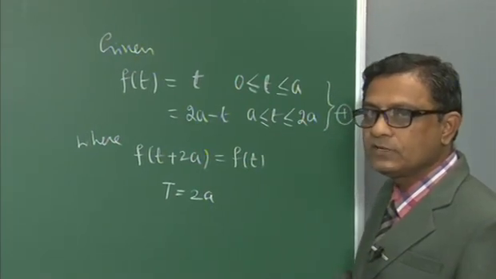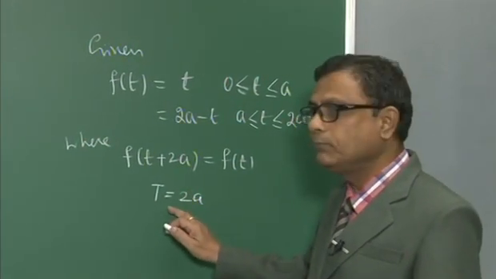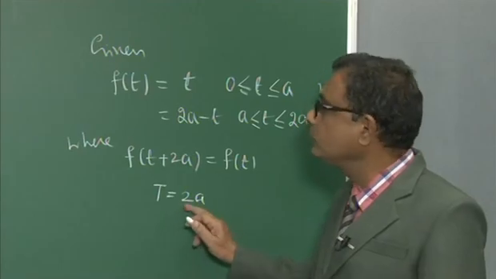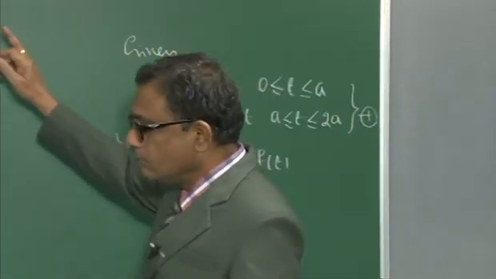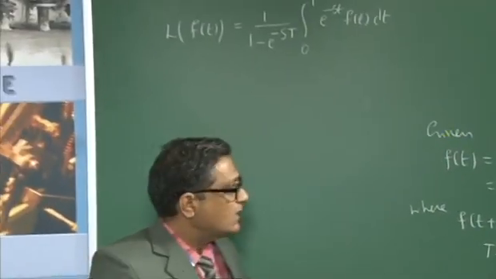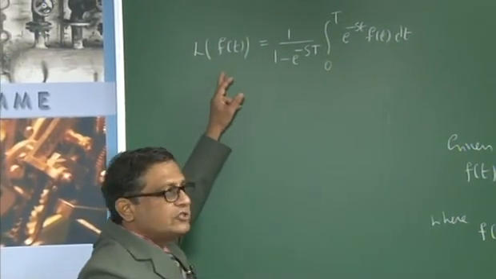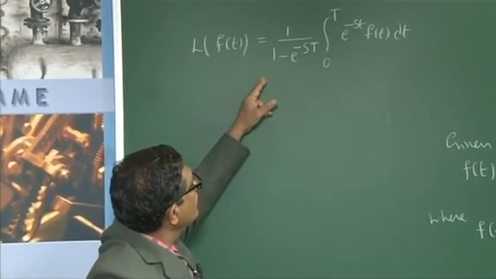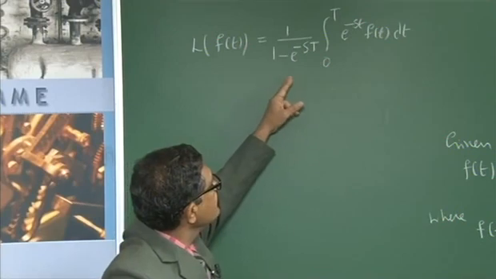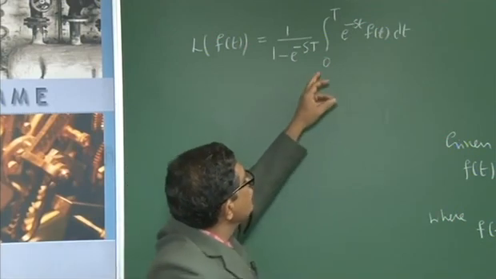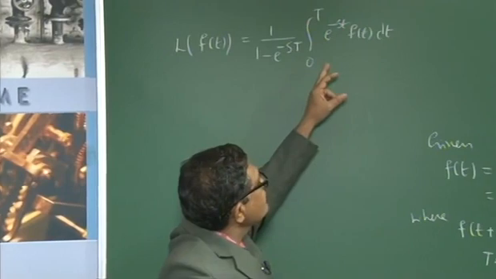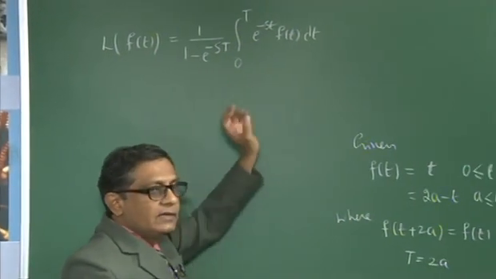That means function is a periodic function with a period capital T equal to 2a. Then by using the Laplace transform for the periodic function, L of f of t equal to 1 divided by 1 minus e raised to minus st 0 to capital T e raised to minus st f of t dt.